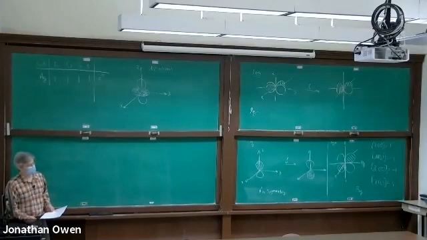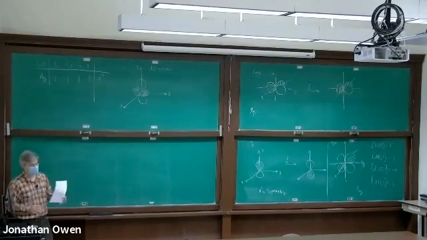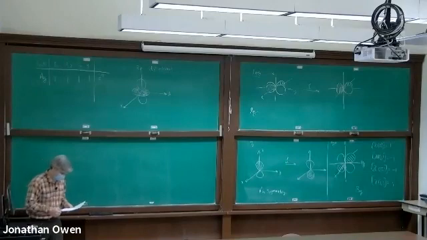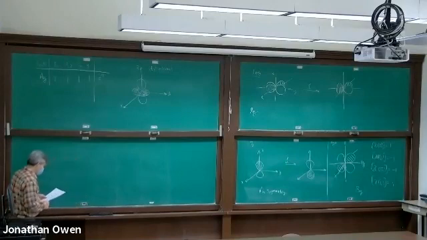Bonding in transition metal complexes is very delocalized. It's more delocalized than I am going to give it credit for in the lecture. And you need to learn to think about orbitals composed of many atomic orbitals combined together in order to talk about that type of thing.